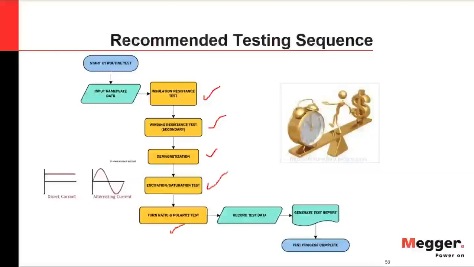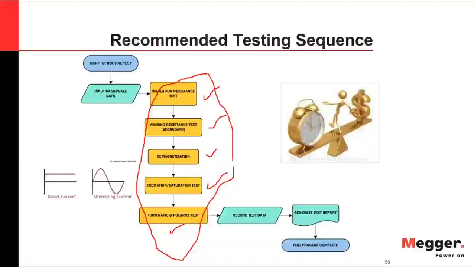All these tests can be done in the concurrent method. And this is the balance between efficiency, your time, your money, the resources that you're spending in the field. Now, for example, a protection CT will be tested with all these procedures, having all the concurrent methods, in about 7 to 10 minutes.